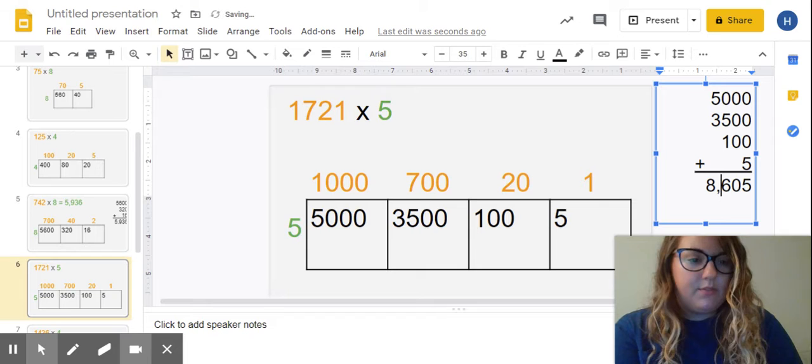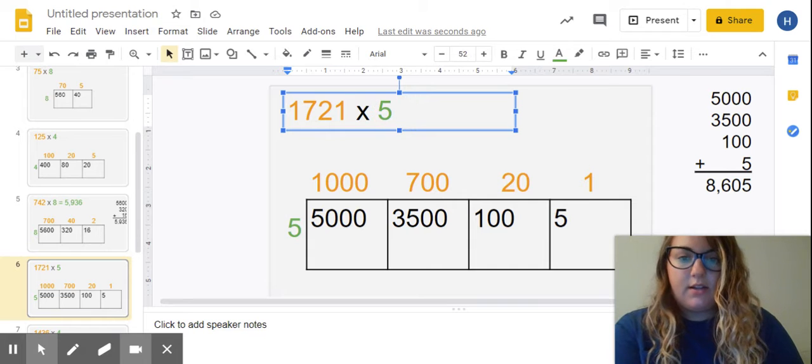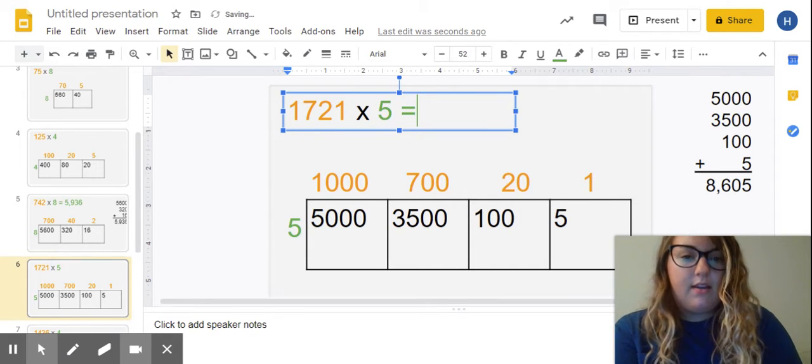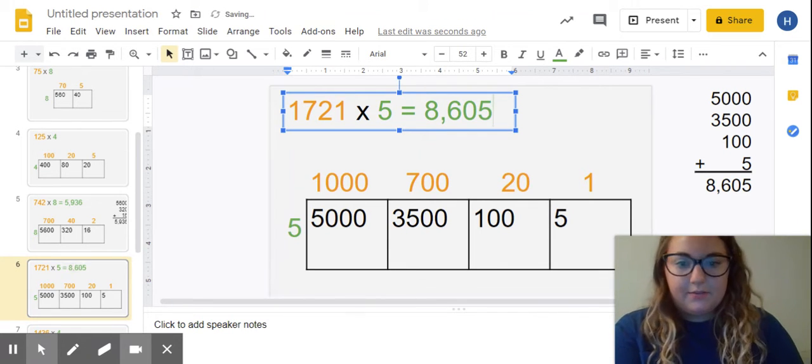So my total comes to 8,605. So my final product, the product of 1,721 times 5 equals 8,605.